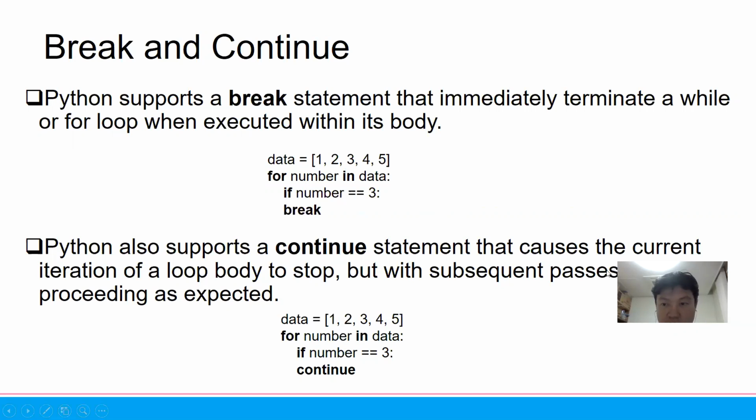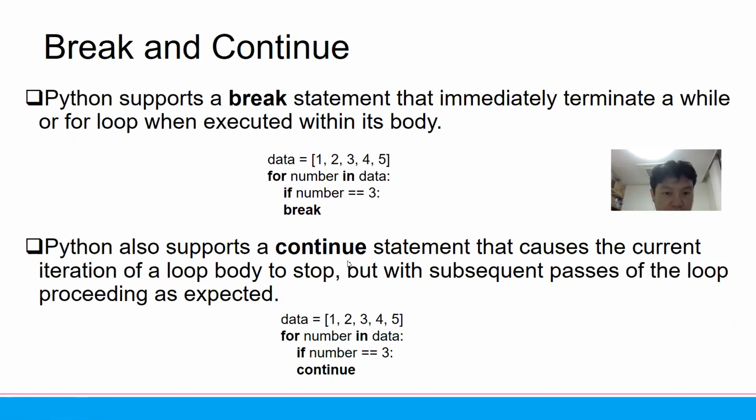But what is the meaning of continue? If you have the same data 1, 2, 3, 4, 5, Python also supports a continue statement that causes the current iteration of the loop body to stop, but with subsequent passes of the loop proceeding as expected.